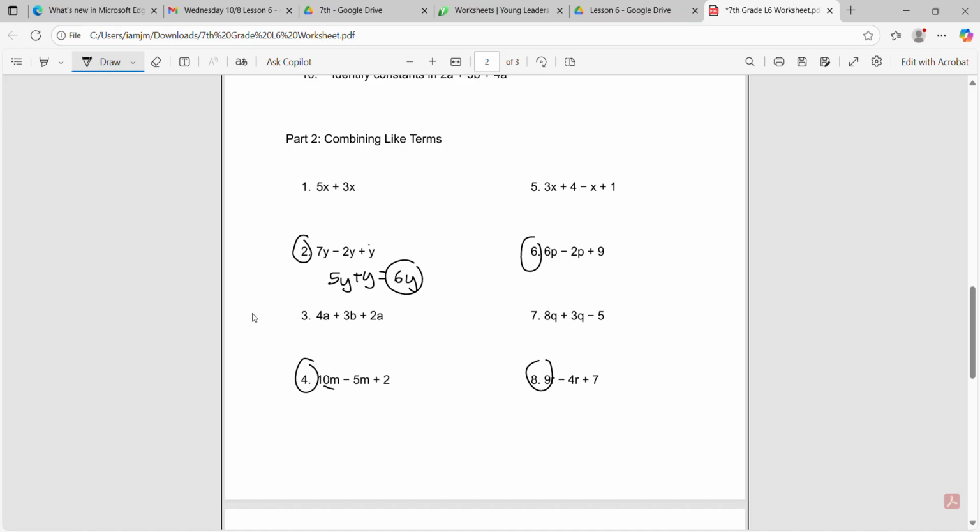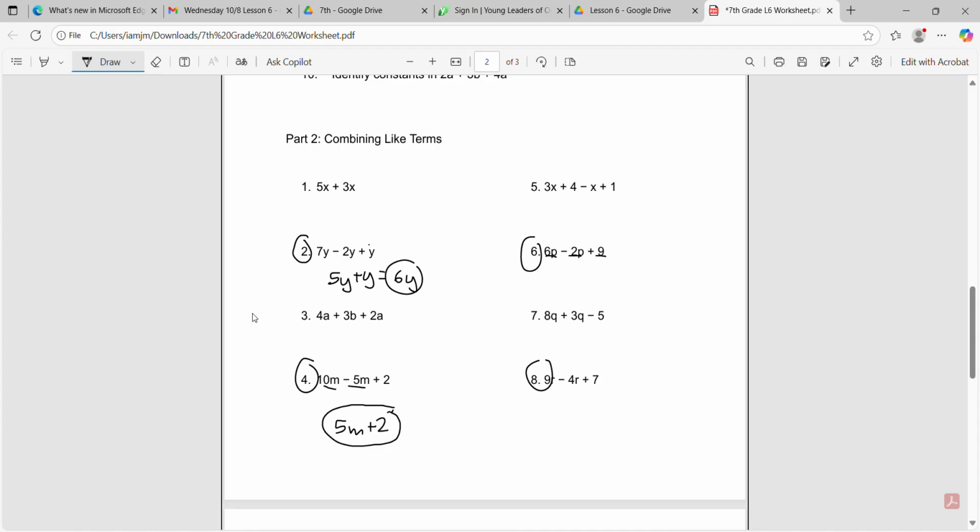There we go. Number 4, 10m minus 5m plus 2. 2 doesn't have the variable of m, which means it is not a like term, so we cannot add it to these. The only numbers we're able to combine are 10m and negative 5m. So 10m minus 5m is 5m plus 2. Number 6, 6p minus 2p plus 9.